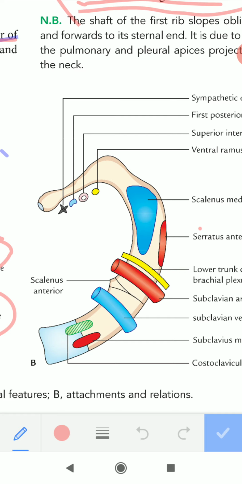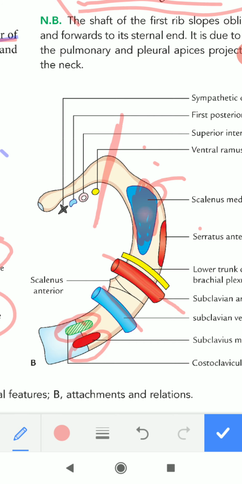The area in front of the anterior groove has attachment of the subclavius muscle and costoclavicular ligament, and the area behind the posterior groove up to the tubercle has attachment of the scalenus medius muscle.